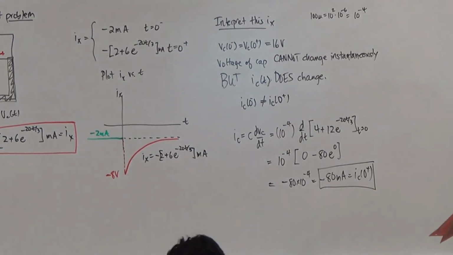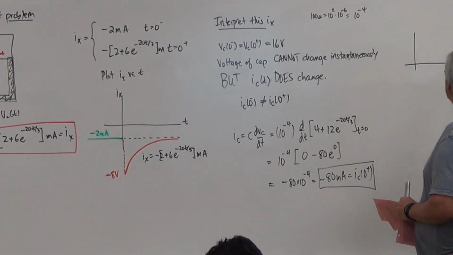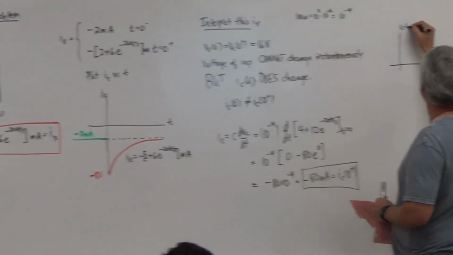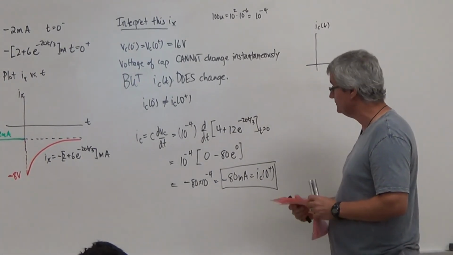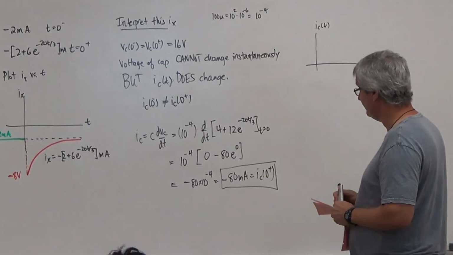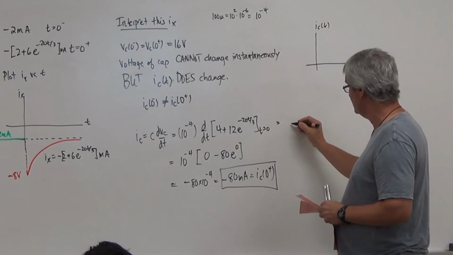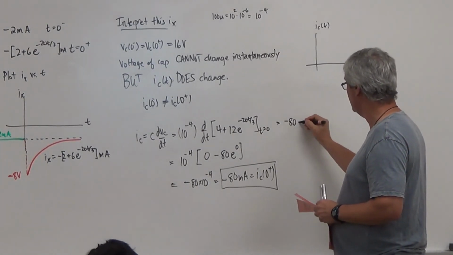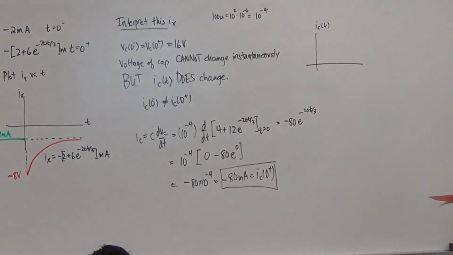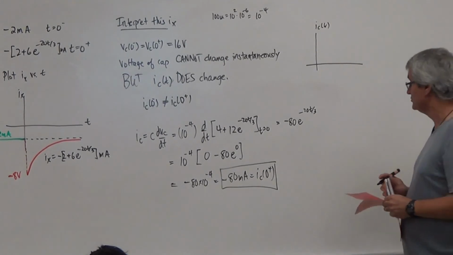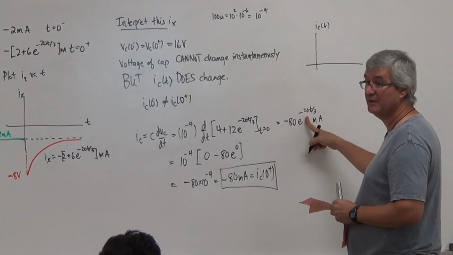So did the cap change current? Well, let's look at this diagram. We're seeing IC of t. I'm going to rewrite this as minus 80 e to the minus 20 t over 3. When I calculate this, I get some type of exponential decay.